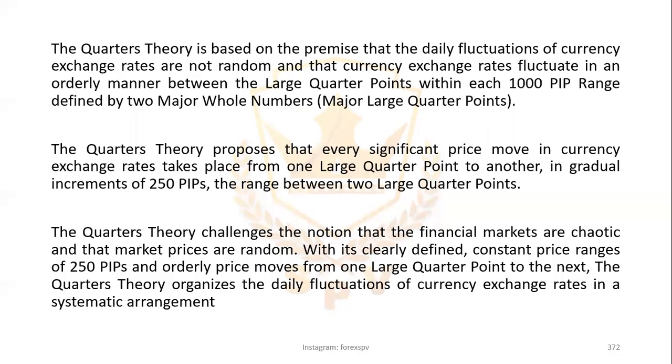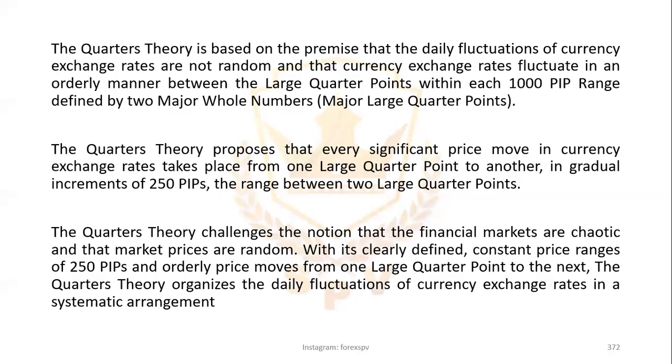Quota theory is based on the premise that daily fluctuation of FX rates is not random, and FX rates fluctuate in an orderly manner between large quota points within a 1,000 pip range. Quota theory proposes that every significant price move in currency exchange rates takes place from one large quota point to the next. So you would find price moving in gradual increments of 250 pips, which is the range between two large quota points.